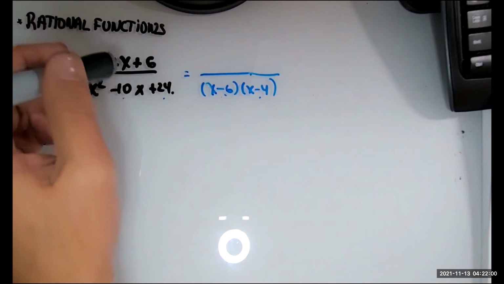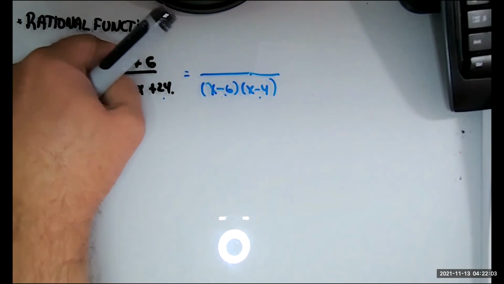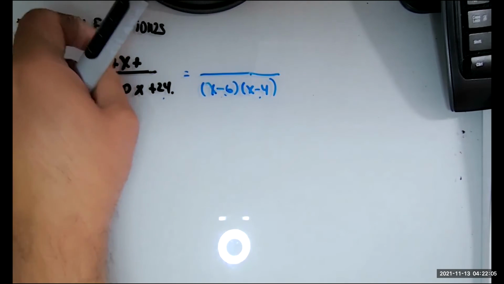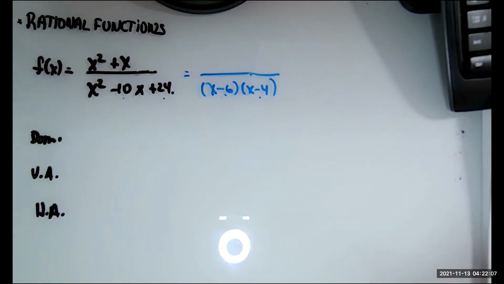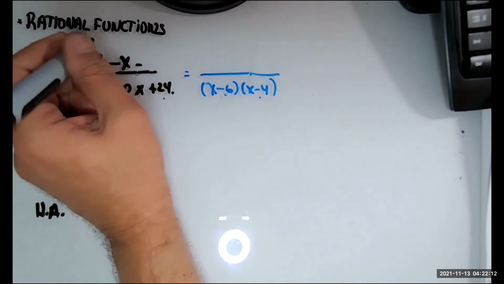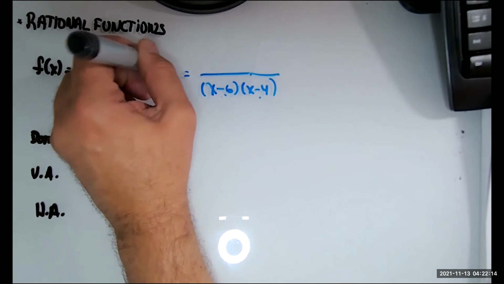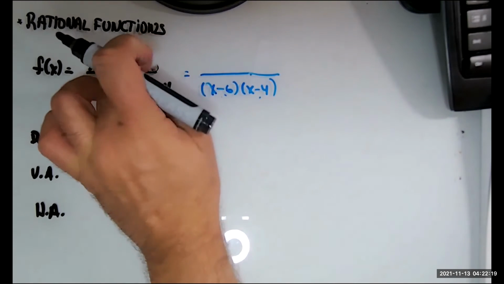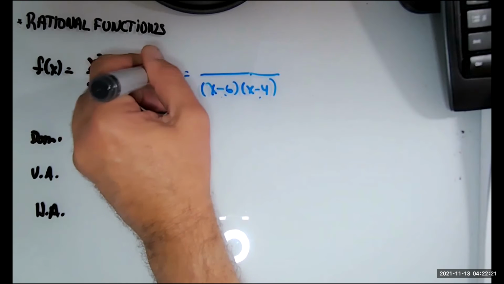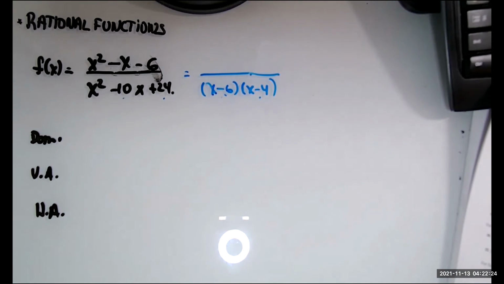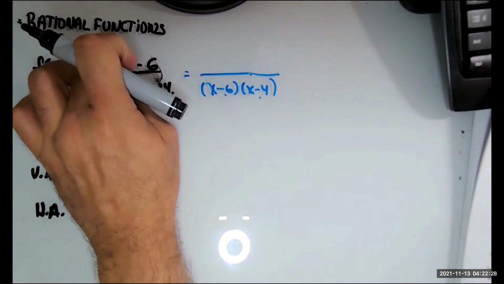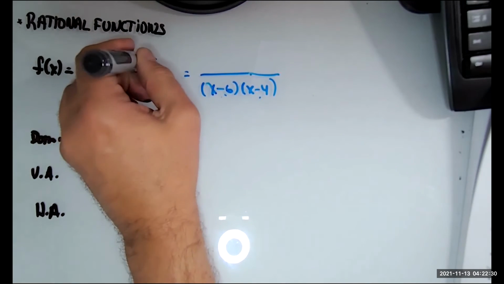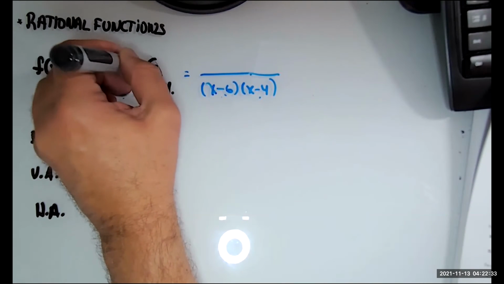So let me change something here. Minus 6, and then minus 7x.